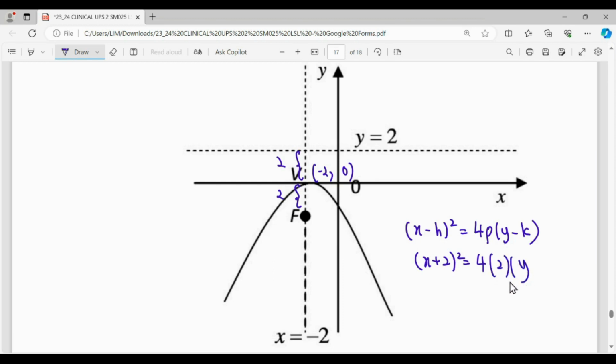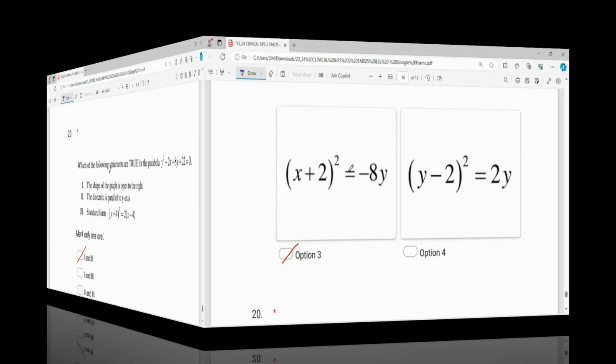Then the y coordinate is 0, so y minus 0. So (x plus 2) squared equals 8y. Then one more thing, your parabola opens downward, so your p value should be negative. So this is -8y. So this is our answer.